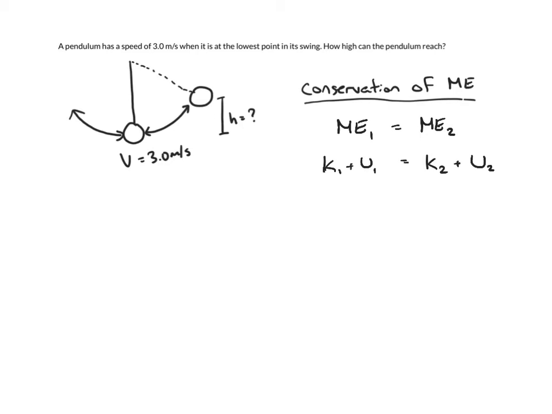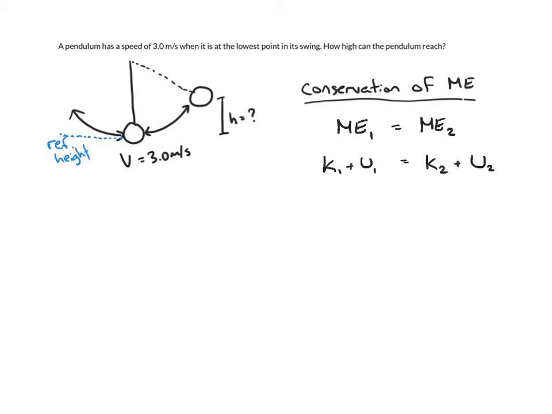And in this problem, I'm going to actually cross out a couple of these terms because going back to the diagram here, first of all, I need to set a reference height. Anytime I'm dealing with gravitational potential energy, I need to set a reference height where I'm calculating all my heights from. And the simplest thing to do would be to set the reference height right at the bottom of the swing. So I'll call this a reference height.